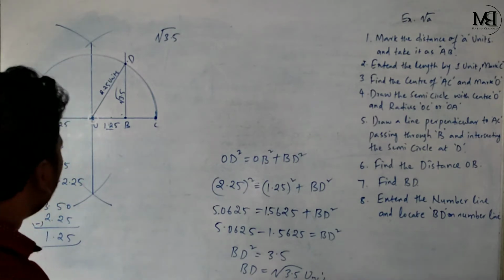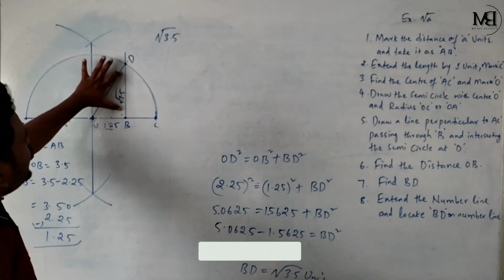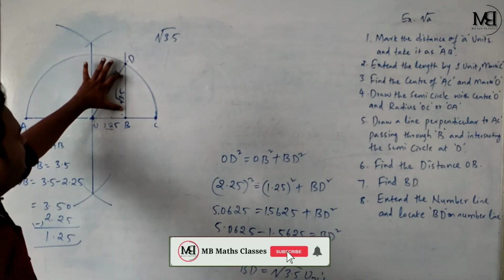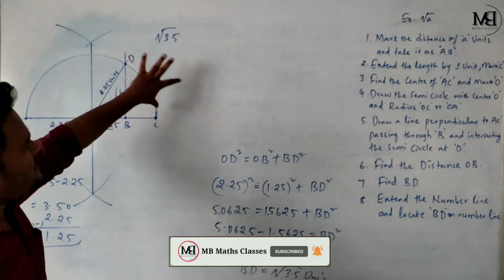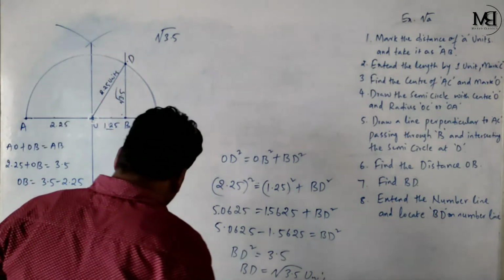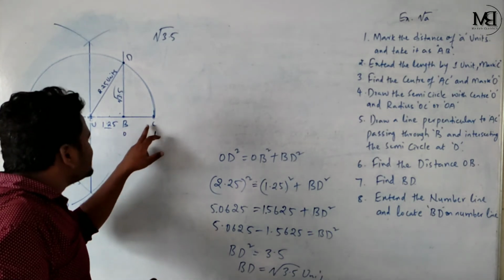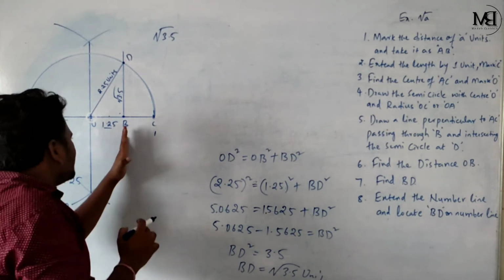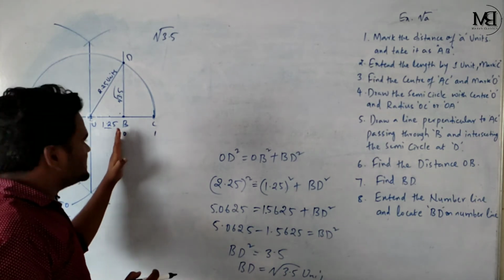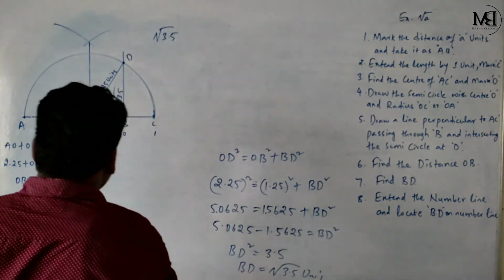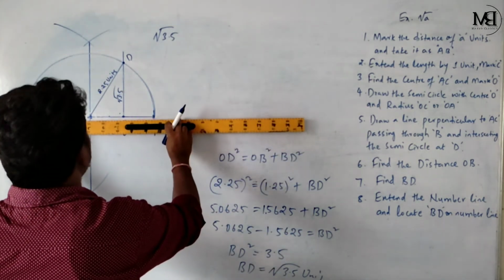And now this BD I am going to represent on the number line. So now consider this B as 0 and C as 1. The number line is going to start from this 0. You just extend this.